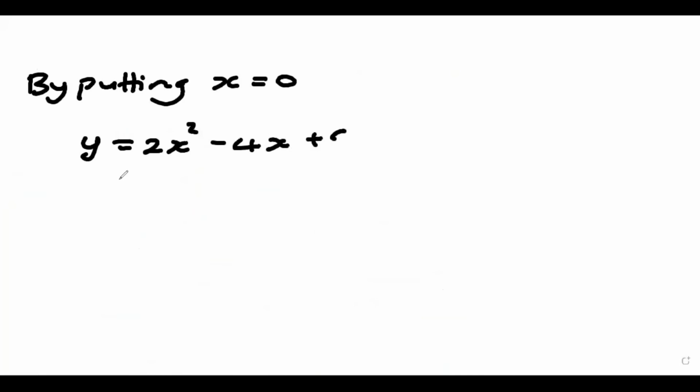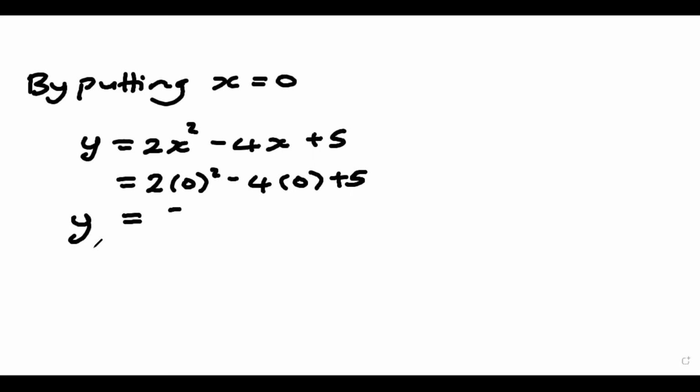So when x is 0, we have 2 times 0 squared minus 4 times 0 plus 5. When you simplify that, y is equal to 5. That means the y-intercept is 5. So you have the coordinate (0, 5).